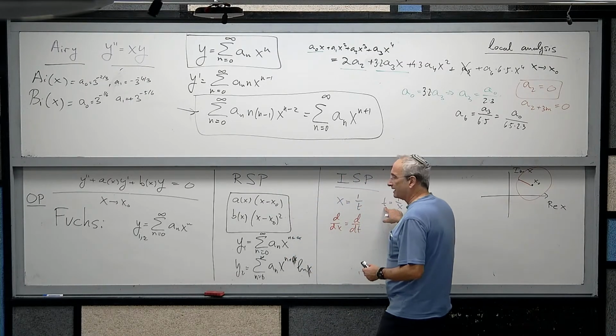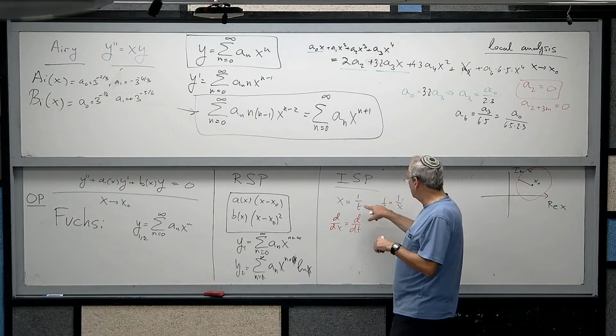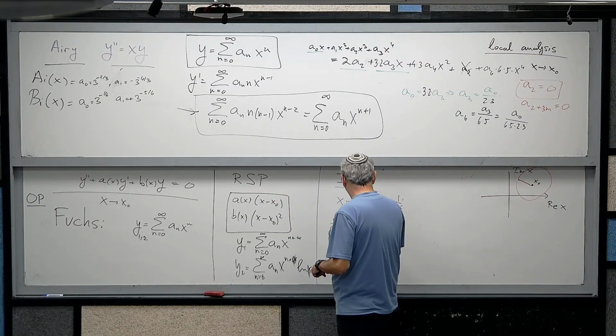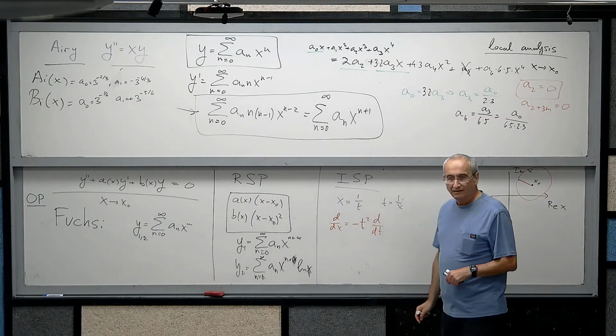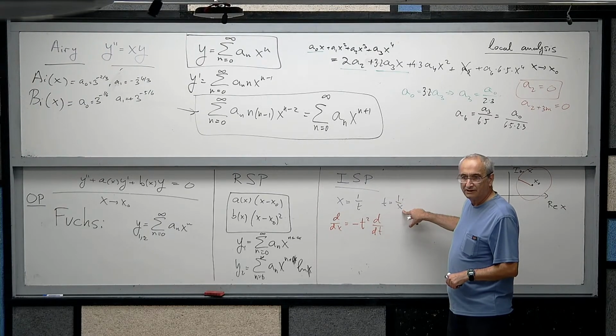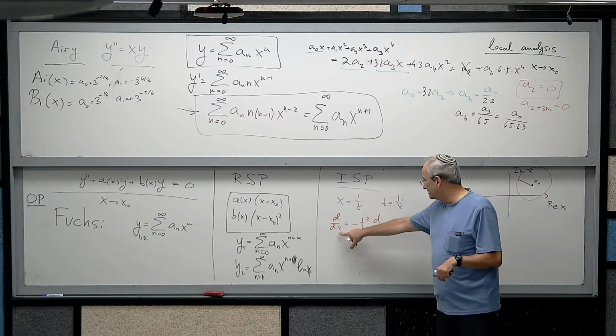But what is dt dx? It is minus 1 over x squared. Okay? But x is 1 over t, so I have here minus t squared d dt. Right? So this is d dx.